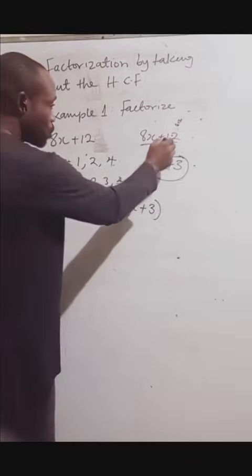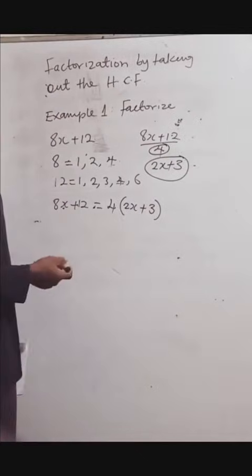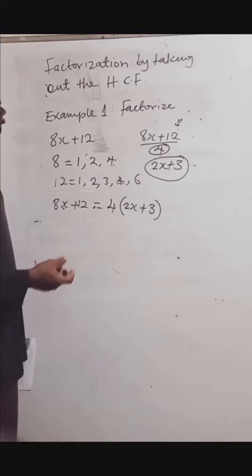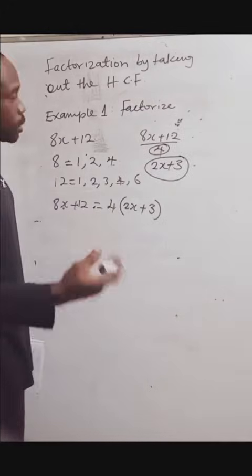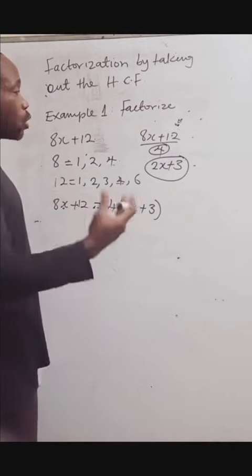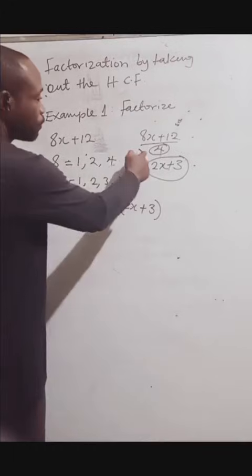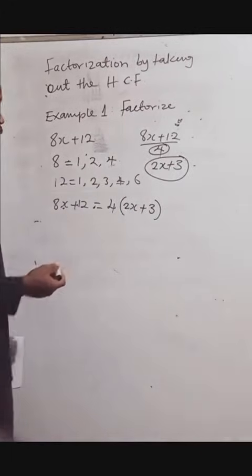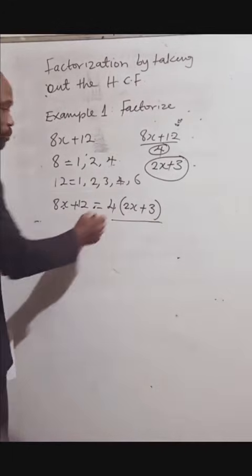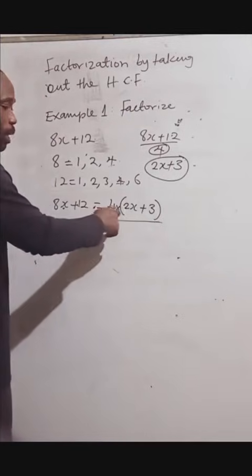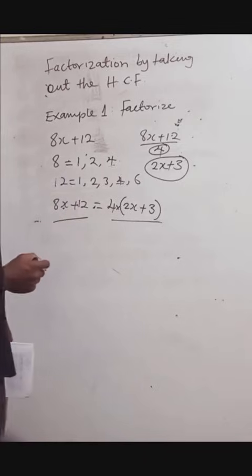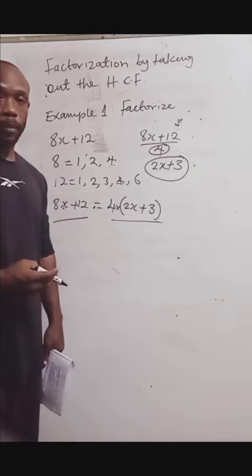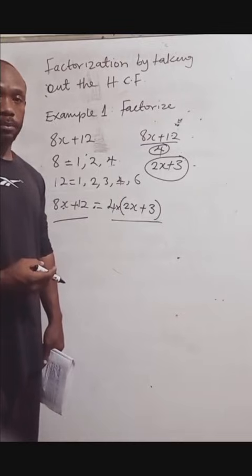And we're also going to take 4 as a factor of 8x plus 12. So to express 8x plus 12 in its factorized form, it means that we are going to find the product of 4 and 2x plus 3, which is this. 4 multiplied by 2x plus 3 is going to give us back 8x plus 12. I hope you understand it.